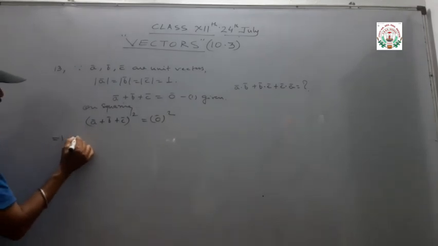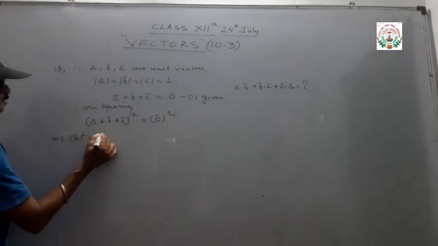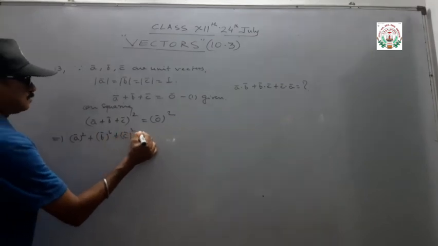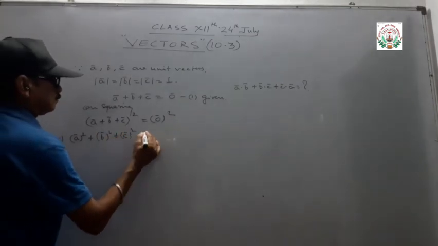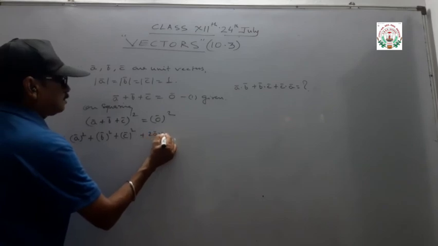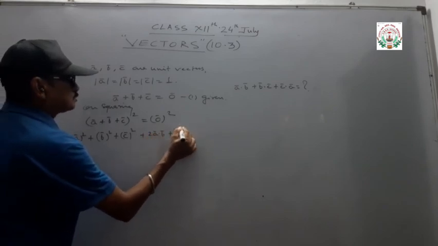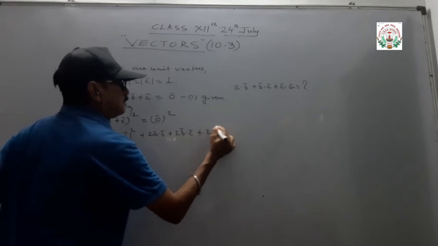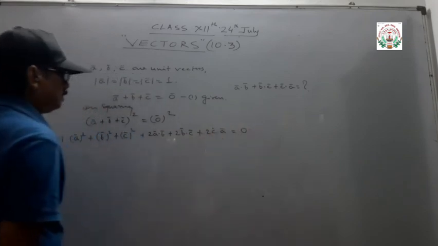So it becomes A square plus B square plus C square plus 2A dot B plus 2B dot C plus 2C dot A equals to 0.